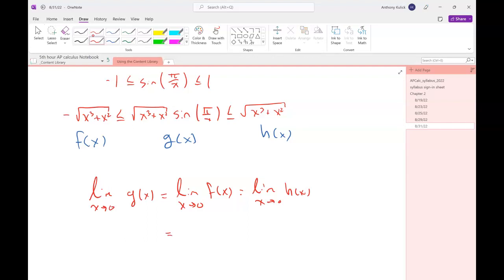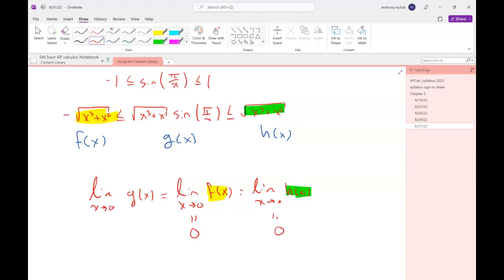To do the limit as x approaches 0 of f of x, I'm just going to use a direct substitution on that. Should be easy to see that that's got to be 0. I'll write it this way. And same thing for the h of x. Should be easy to see that that's 0.